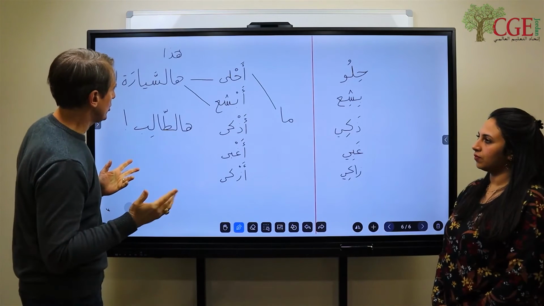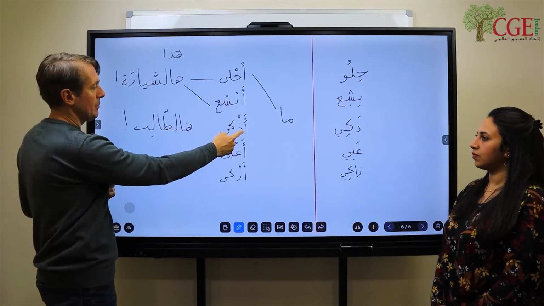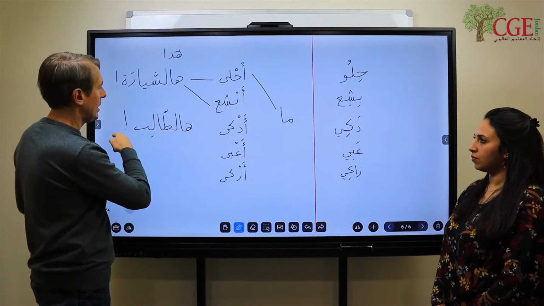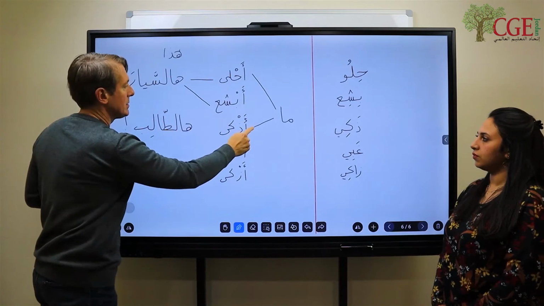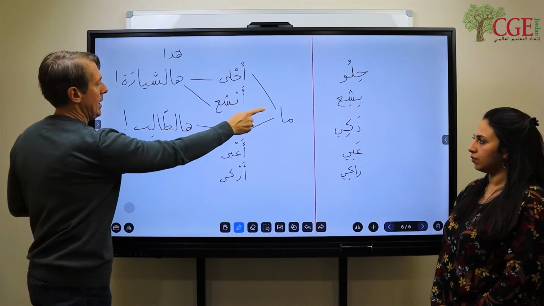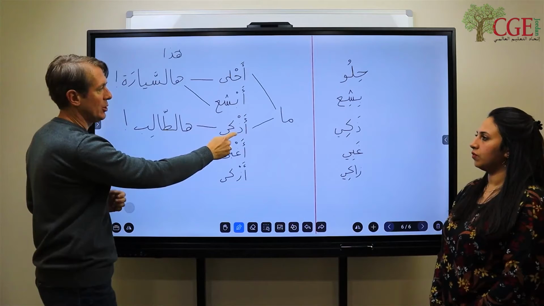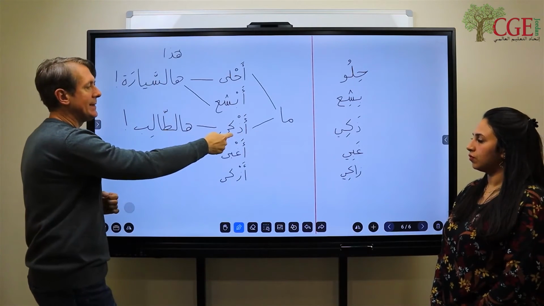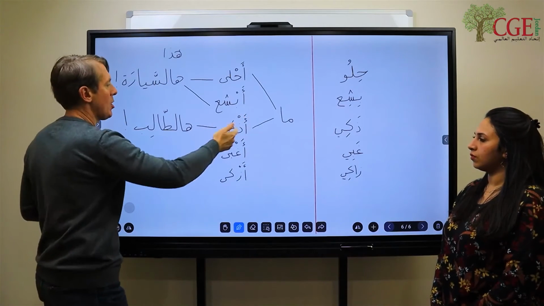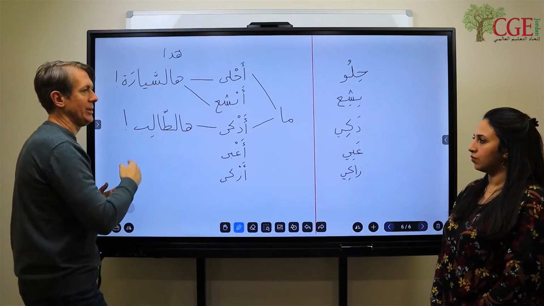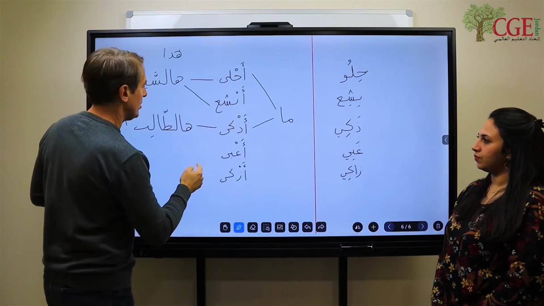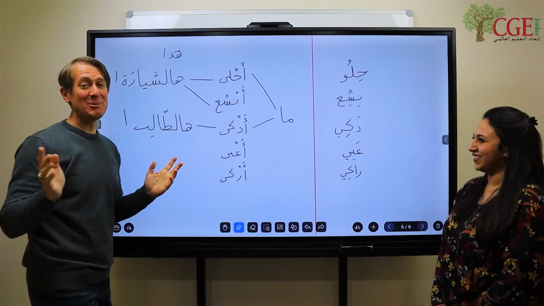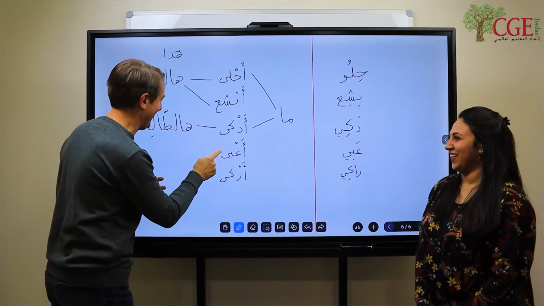Or طالبة for a girl. So that means how smart. So dhiki means smart. Wow, how smart is this student? So, this is what they've said to me sometimes as a student.